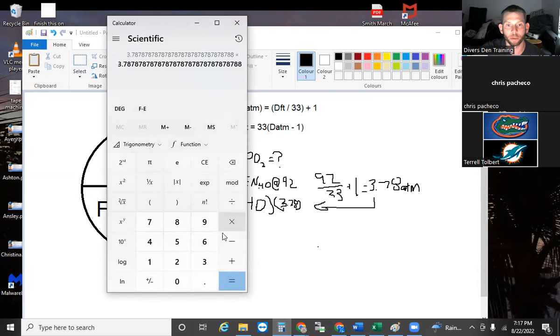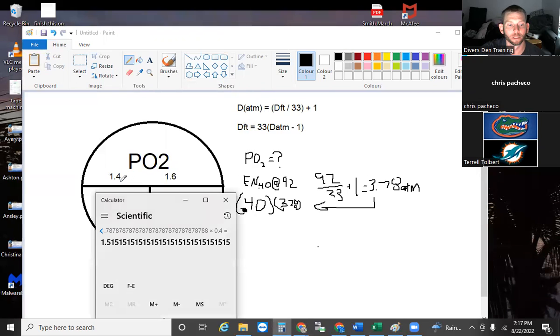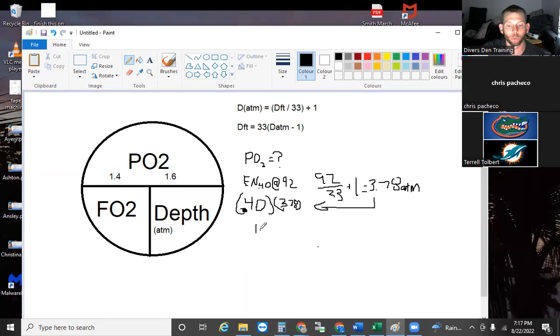I'm going to multiply this by 0.4. So my PO2 is right in the middle of 1.4 and 1.6. So I'm exceeding 1.4. 1.4 is less than my PO2, which is less than 1.6.